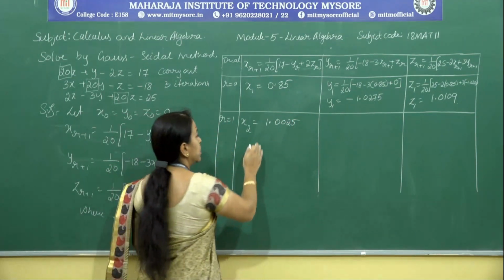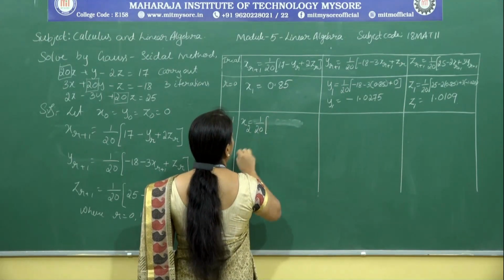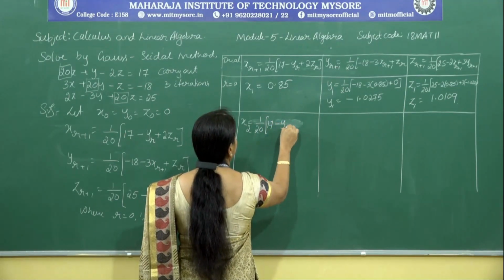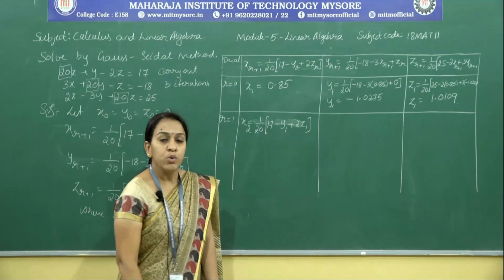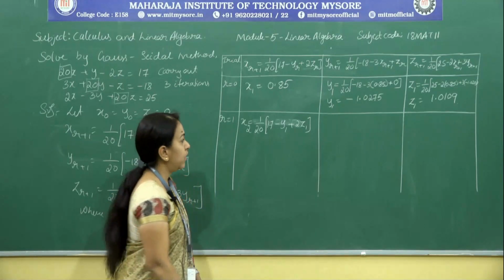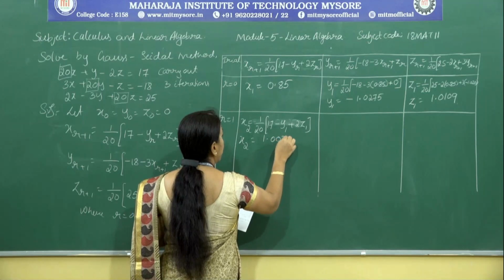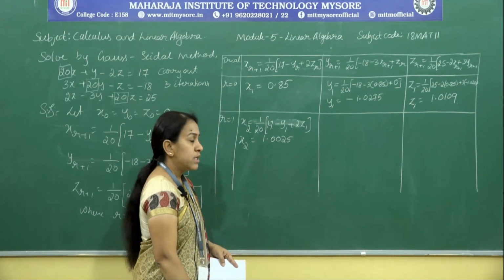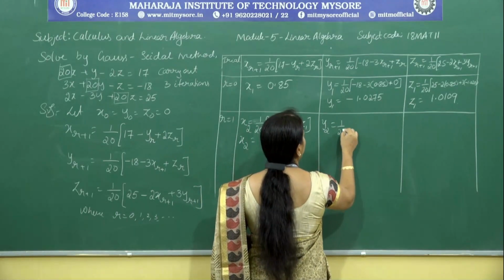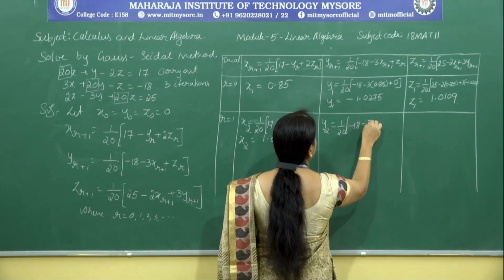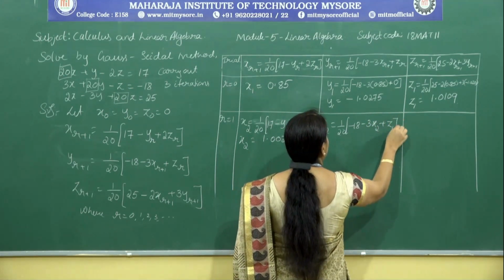You can easily simplify 1 by 20 into 17 minus y1 plus 2 times z1. Substitute that value using your calculator, so that you will get x2 as 1.0025. Similarly, y2 is 1 by 20 into minus 18 minus 3 times x2 plus z1.